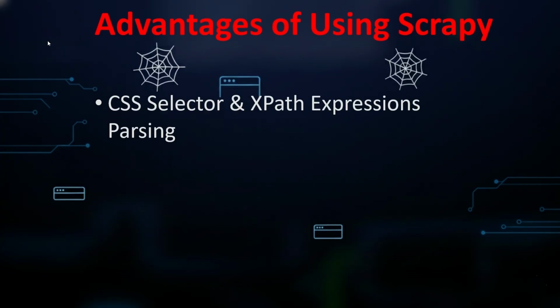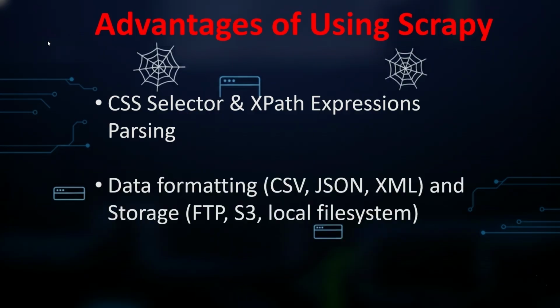So first advantage is the CSS selector and XPath expression parsing. Then is the data formatting and storage. So you can actually make Scrapy return items in CSV, JSON, XML, or even, if you configure, text. You can do that.